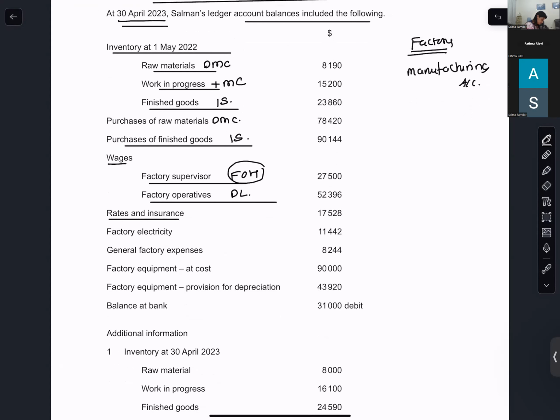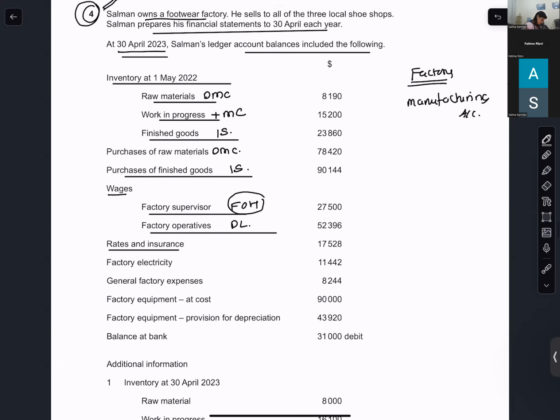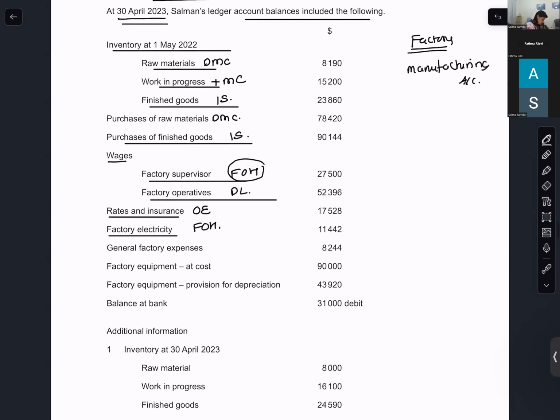Rates and insurance is other expense. Factory electricity is FOH. General factory expenses is factory overheads.